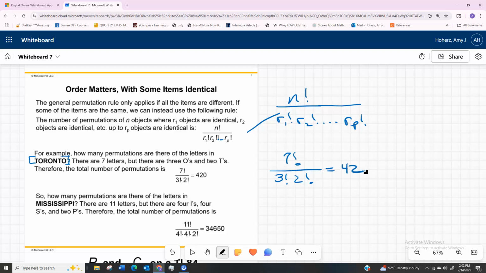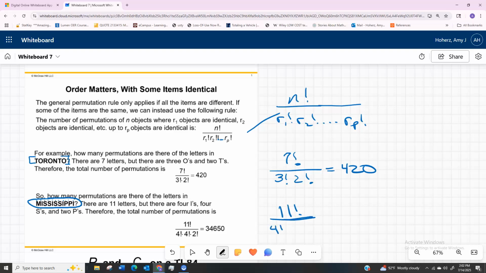And then if we were going to repeat that with the word Mississippi, you can tell there are so many more letters in that. There's likely going to be a lot more permutations, and there are. There are 11 letters. So 1, 2, 3, 4, 5, 6, 7, 8, 9, 10, 11 total letters. But then we have the S's repeated 4 times.